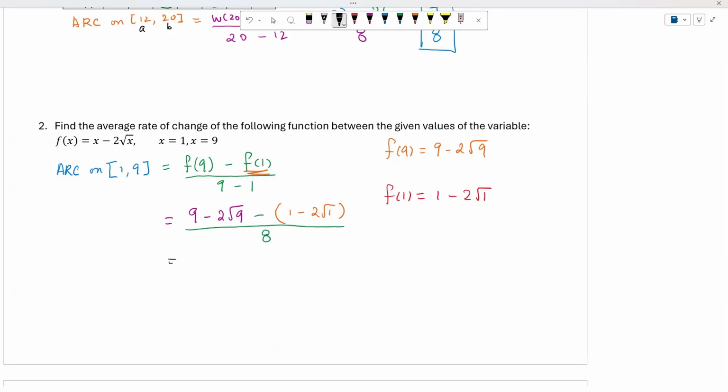Okay, so now let's simplify. So I have 9 minus 2 times 3, and then minus 1 plus 2. So now I will have 9 minus 6 minus 1 plus 2 divided by 8.